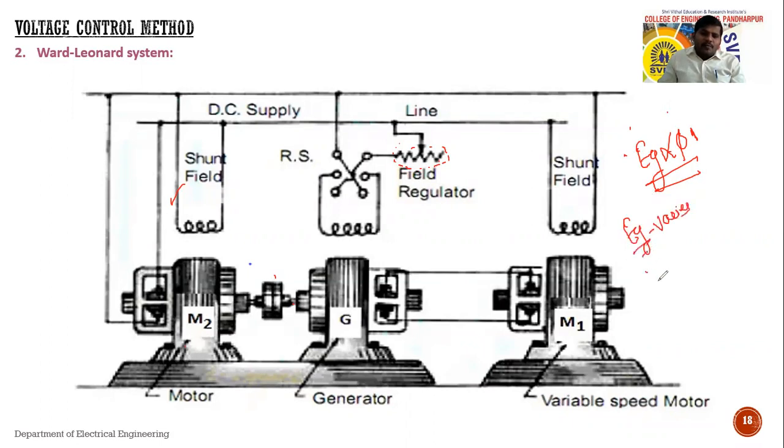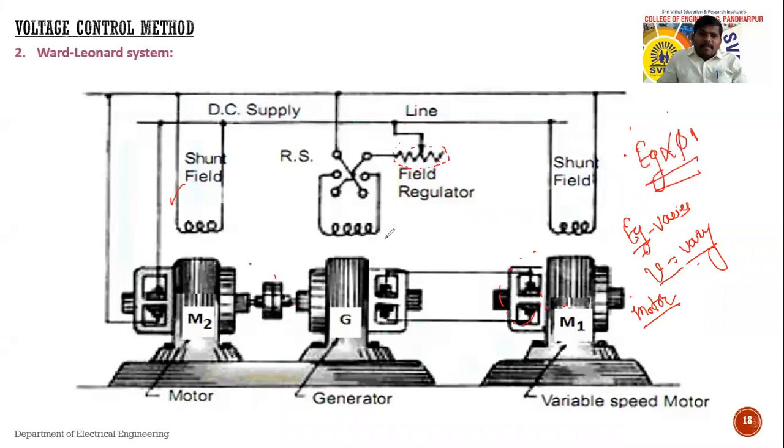Eg is nothing but the output voltage, so the generator output voltage varies. This voltage is applied to the motor whose speed we want to control, so the speed of this motor will vary.